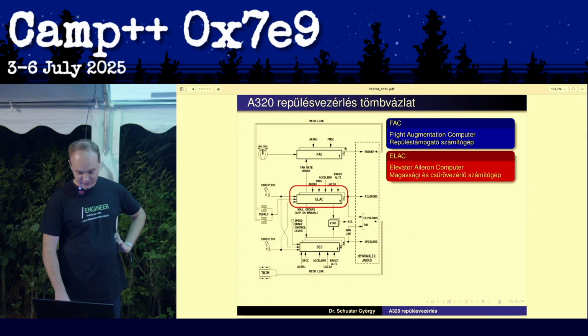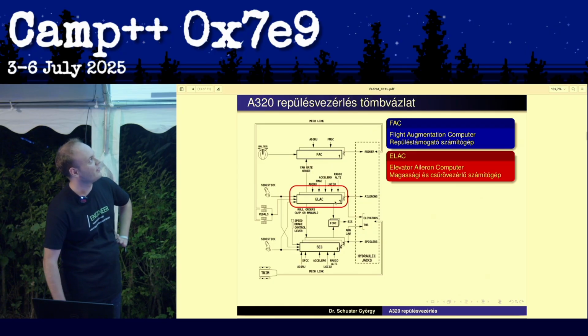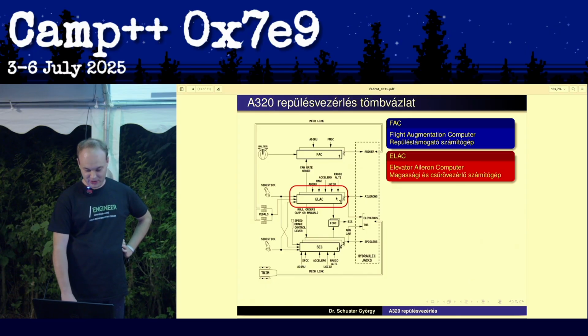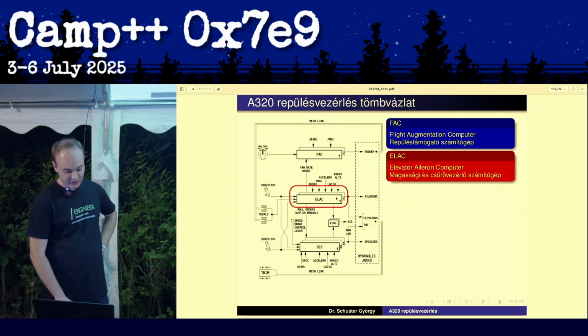You have the flight augmentation computer. As you can notice, there are two of these for redundancy, and of course it's not the only redundancy. There are many more things here to make this fail-safe. The elevator and aileron computers.